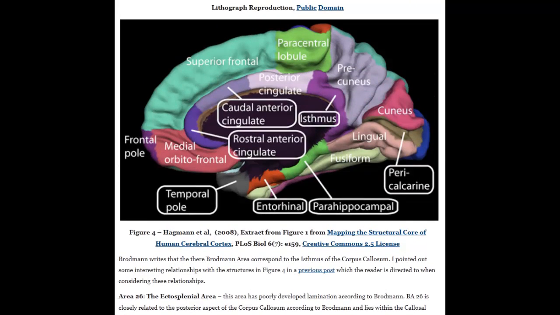Now there's a previous post, and in fact a previous video on the cingulate region, in which I've discussed another part of the cingulate cortex and just pointed out some aspects of Brodmann's description of these other areas in relation to the precuneus.